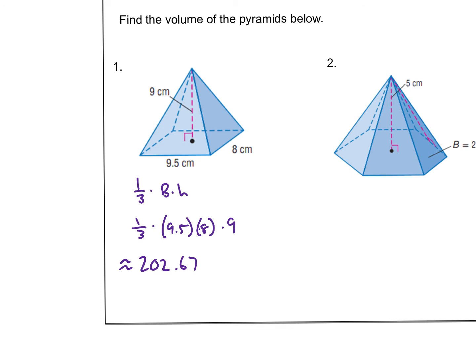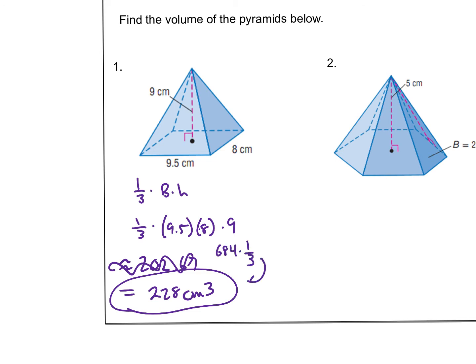Oh, sorry, hold on, I made a mistake there. 9.5 times 8 times 9, divide that by 3. I get 228 centimeters cubed. That works better. So this becomes 684 times 1/3. So that's what I get.